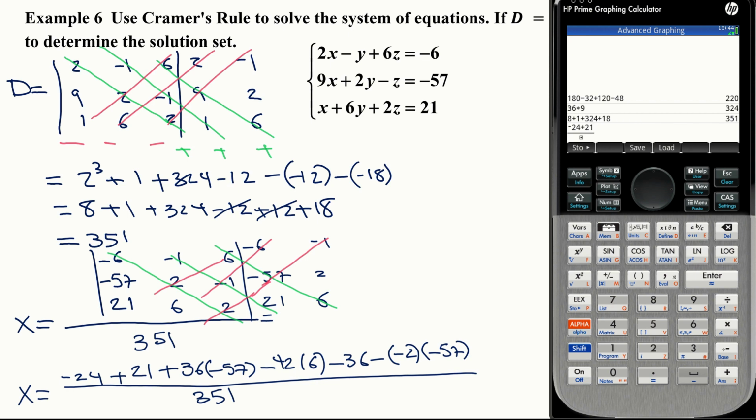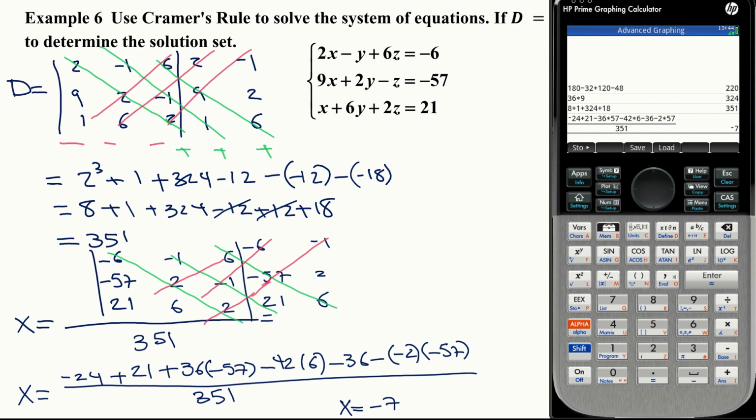That's going to give us minus. So let's just put minus 36 times 57. And then minus 42 times 6. Minus 36, and negative times negative times negative, that's 3 negative factors, so it's going to be a negative, so minus 2 times 57. And down below, of course, we already know we have 351. And then we go ahead and hit enter. So that gives us negative 7 for x.